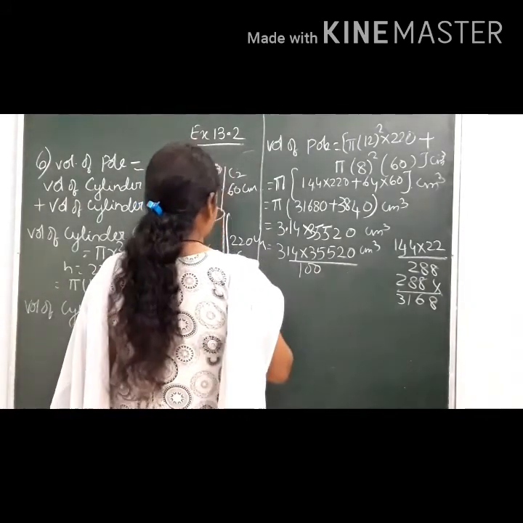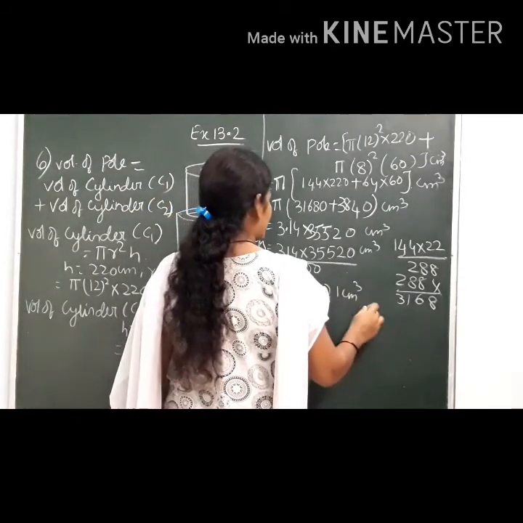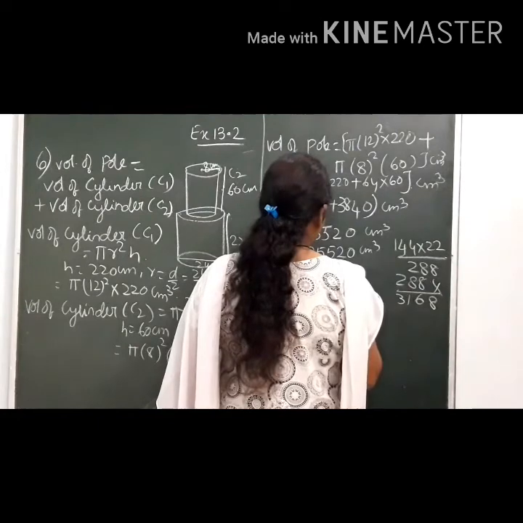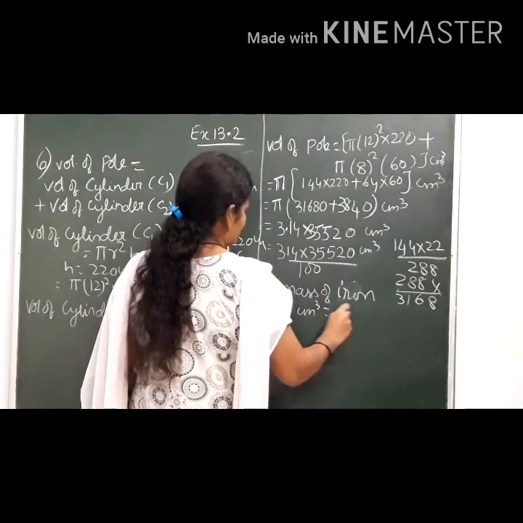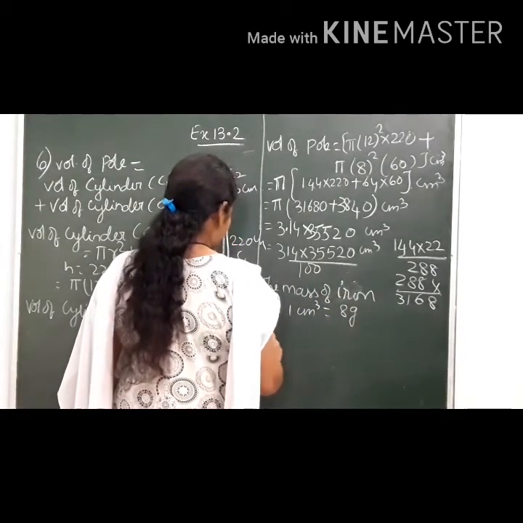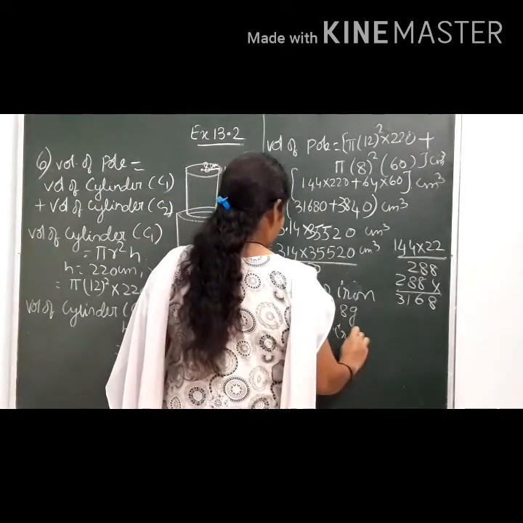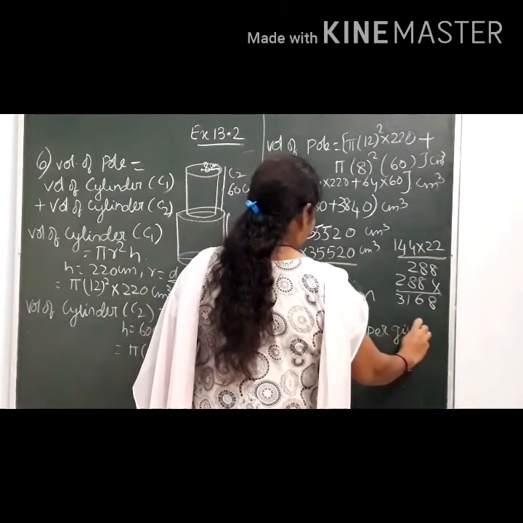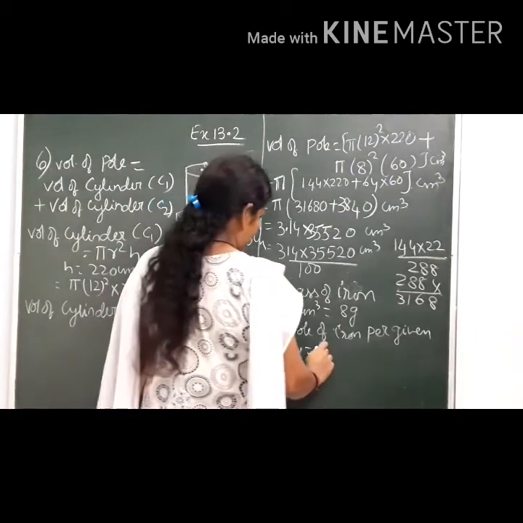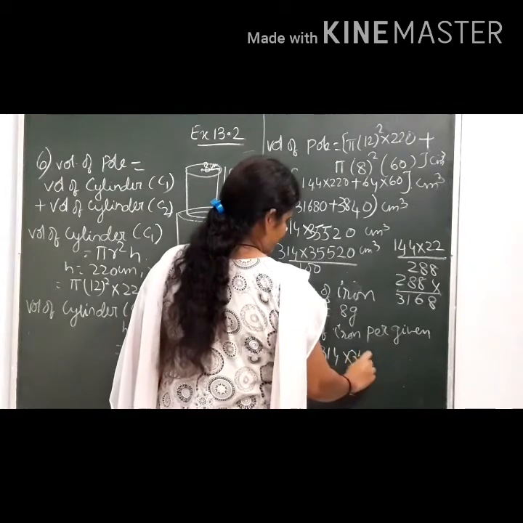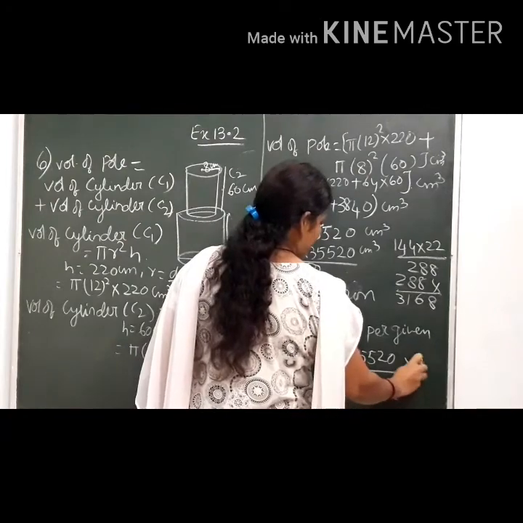So the mass of iron per 1 centimeter cube is equal to 8 grams. So the whole mass of iron for the given volume is equal to 314 into 35520 upon 100 into 8 grams.